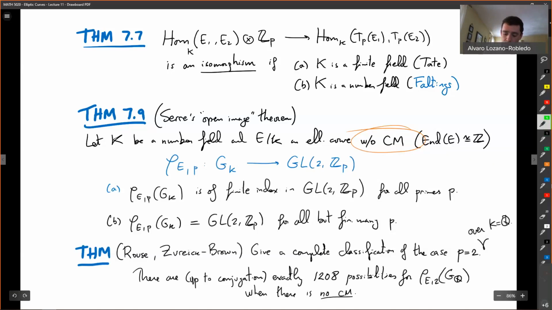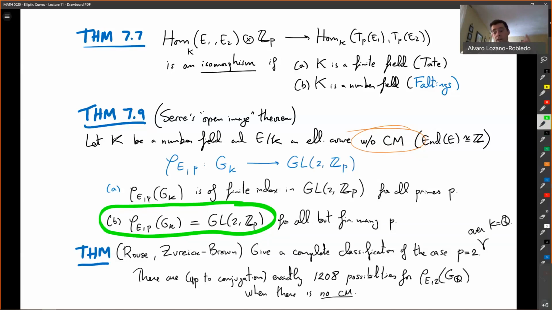For example, this is telling you that for every elliptic curve you have some representation, and since it's a group homomorphism, the absolute Galois group modulo the kernel is isomorphic to the image in GL2(Z_p).